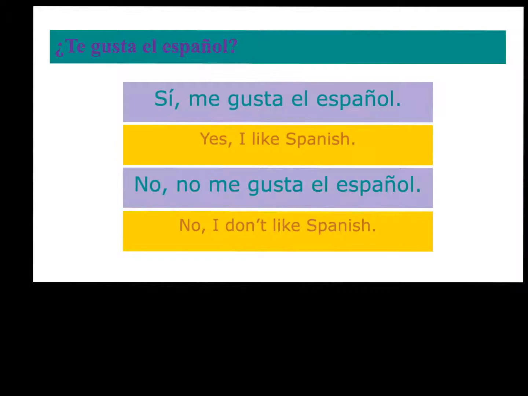The second one is followed by the negative statement, I don't like Spanish. No, no me gusta el español. This means that we get the word no twice in this sentence. Firstly, to translate the word no, and secondly, to make the verb me gusta negative, I don't like.